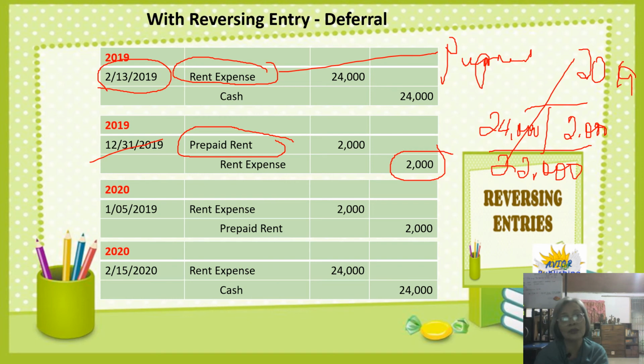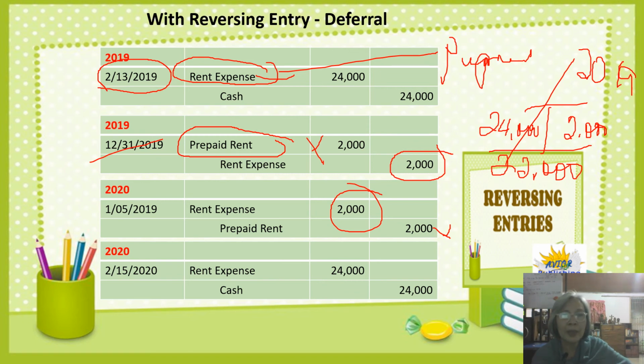Kasi pagka ganito ang itsura, ang naka-debit ang prepaid rent, magiging mukhang asset method yan. Eh, expense method ginamit natin eh. So, we have to debit rent expense and credit prepaid rent para mabura tong prepaid account at manatiling expense ang naka-debit, dahil yun ang method na ginagamit natin.